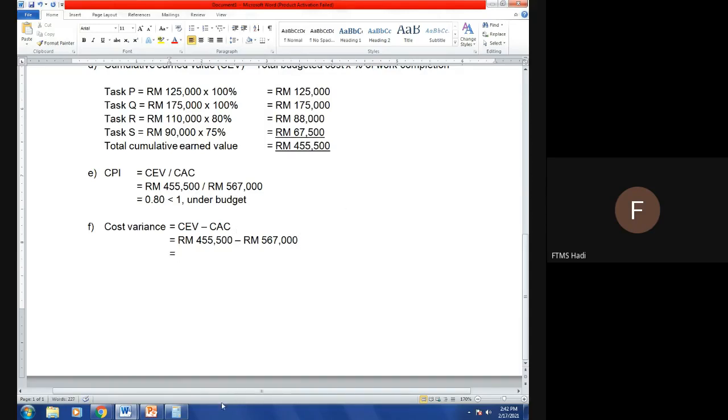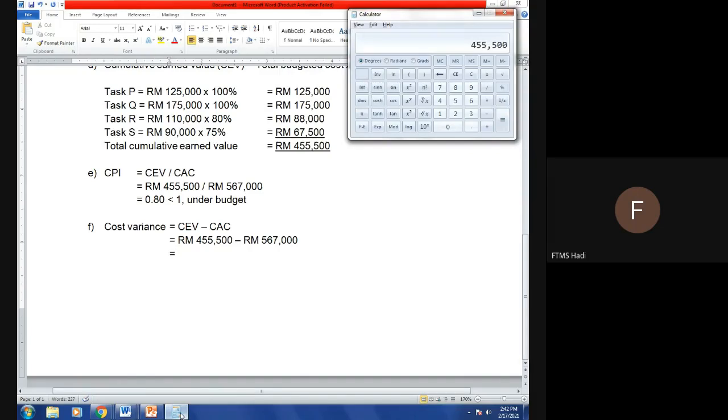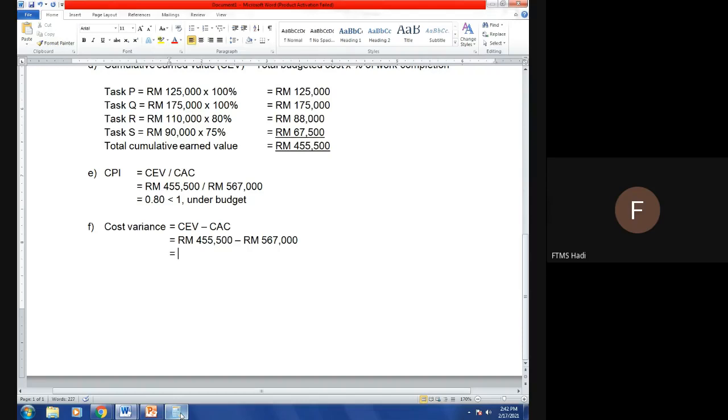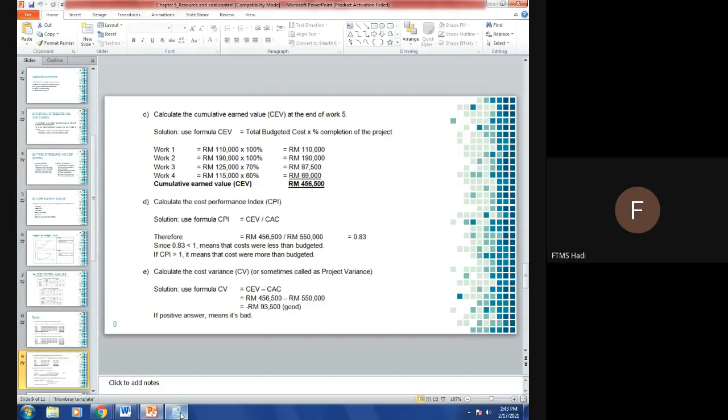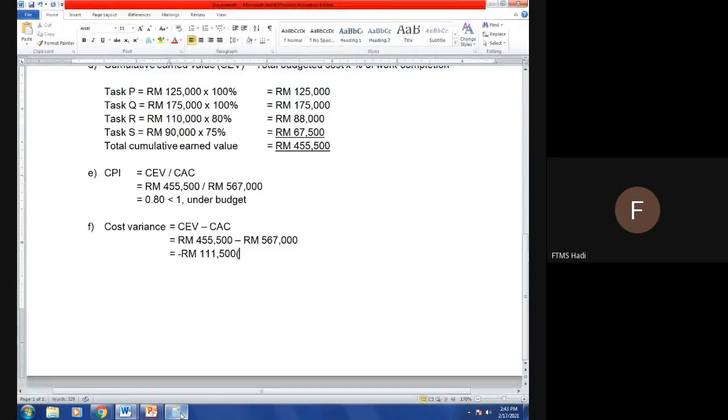So 455,500 less than 567,000, which is negative 111,500. That means they have saved around 111,500 ringgit so far. That means it's good. It is considered good because under budget. Using the same formula, CEV minus CAC.